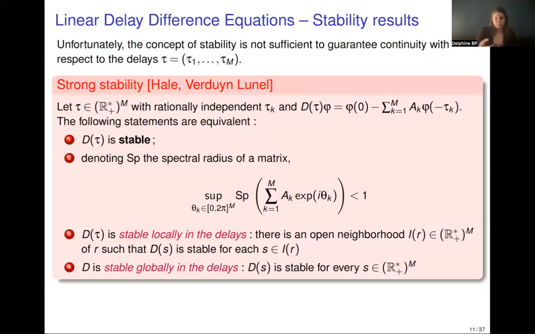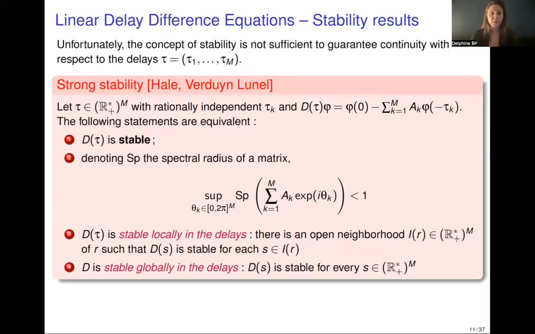Okay, so all of this being said, this tells you a bit where we stand. When we look at the linear difference equation, strong stability is a concept which is important. We know that it's equivalent, at least with rationally independent delays, to input-to-state stability.